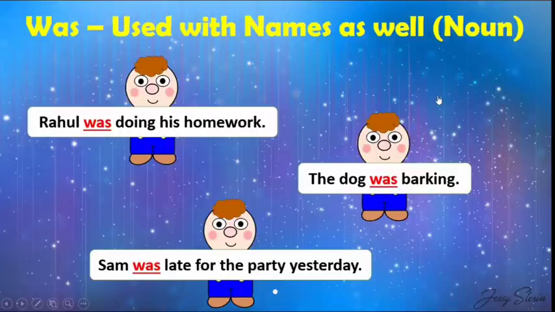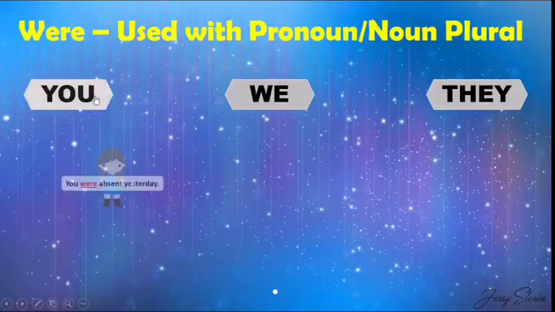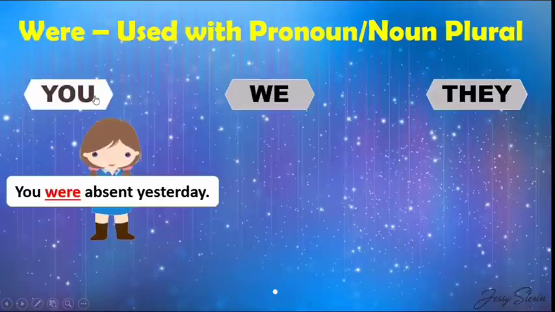Okay, children? Now let's see where we are going to use were. It's used with a pronoun or noun plural. Number one, you. You were absent yesterday. We use were with you. Okay, children? Always make sure with you we'll use were. It's not was.